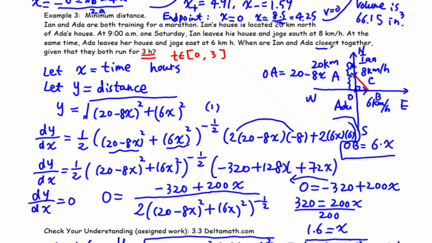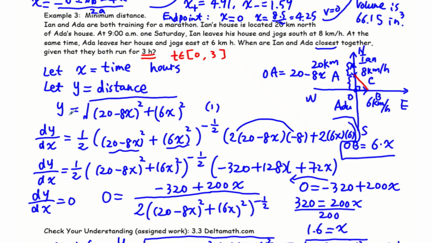This one, closest is the distance. So whatever maximum or minimum value is our y value. Then introduce either a dimension or time as our input. So that is the independent variable. The dependent variable depends on the independent variable. Then we set up the equation.